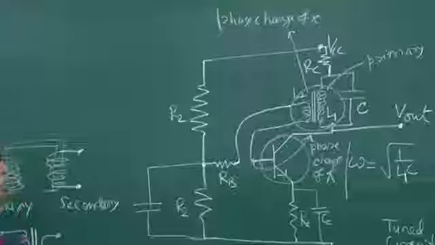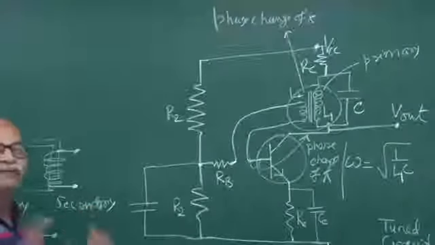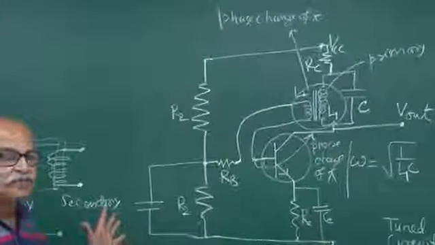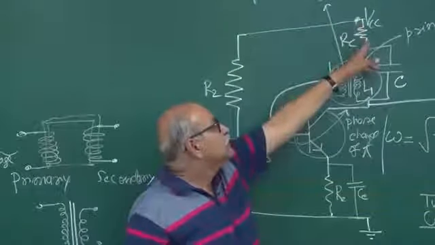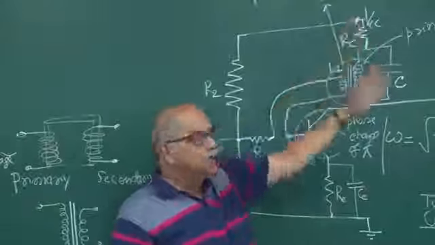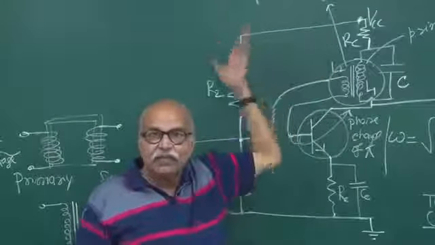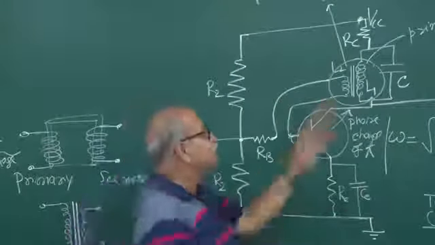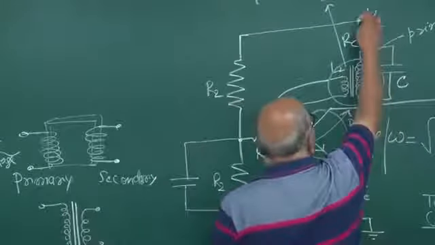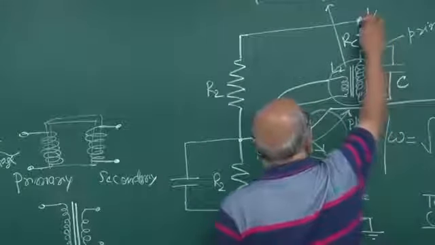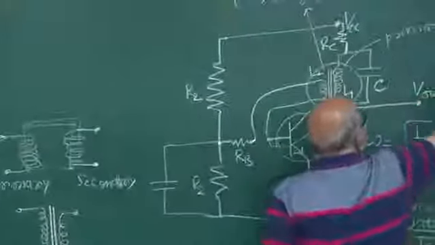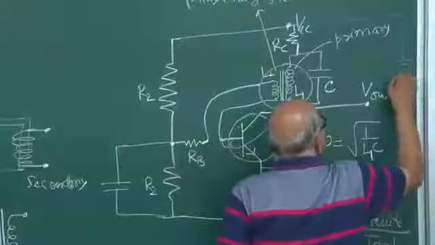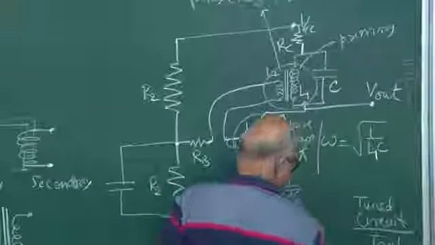So when the circuit is put on for the first time, wherever you have a switch, you can have a switch here. Initially there is no VCC, there is only one battery, so there is no biasing anywhere. If I put a switch here and this VCC is open, that means you have a battery out here.